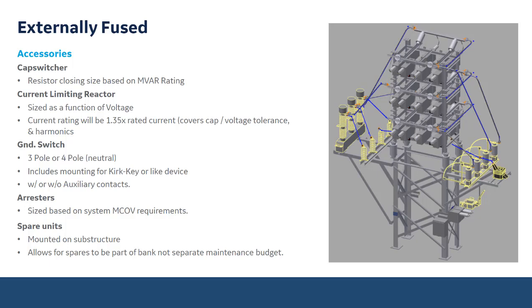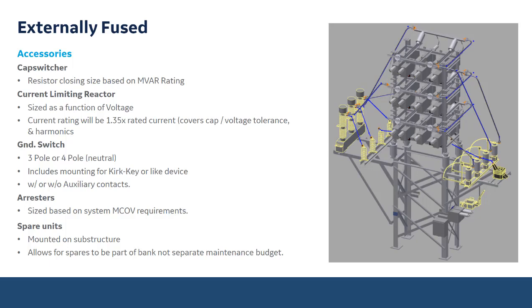Another thing in this example here is you see 2 spare units are mounted on that substructure. This allows for a couple of things. Number one, if a capacitor fails, it's on site already for replacement.